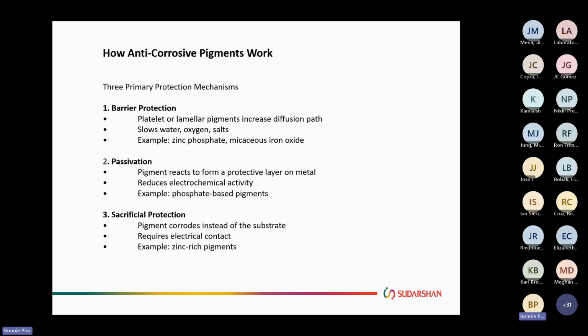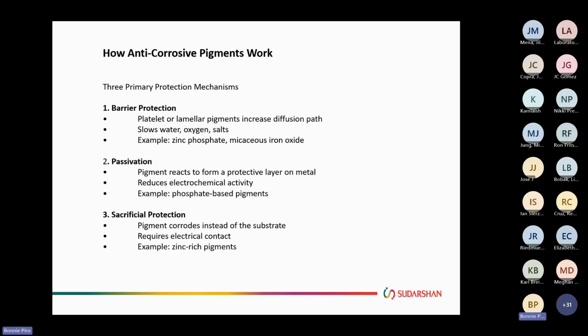The second is passivation. Here the anti-corrosive pigments will react and help form a protective layer on that metal surface so that the electrochemical activity gets reduced. These are typically phosphate-based pigments. And lastly, I mentioned the sacrificial protection.